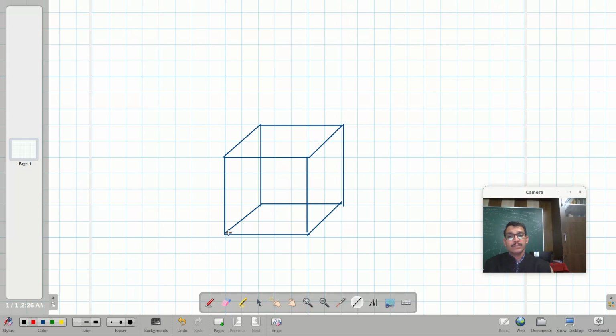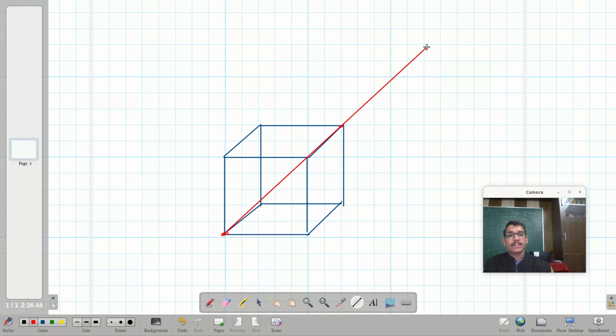I join this end to this end, and if I join these 2 ends, this is basically the body diagonal.